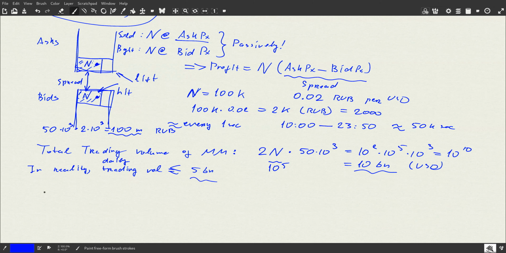So reduce our volume by, let's say, 10 times. But even if we reduce our volume by 10 times, we get a RUB 10 million per day profit.